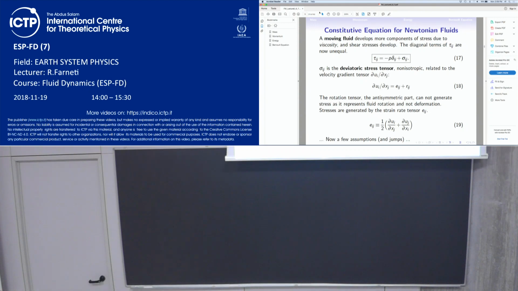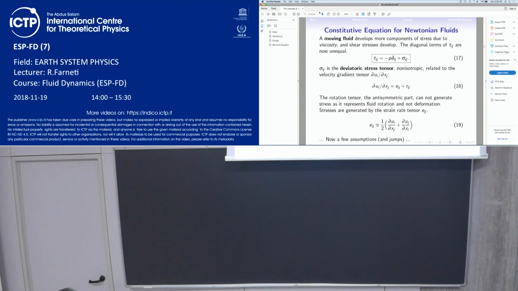In a moving fluid, you have shear stresses, and there must be a dependence on the viscosity. We looked at this in the very first lecture. Those are the diagonal terms of the stress tensor tau, and we call it sigma. That's the tensor for the dynamical part of the stress tensor, what we call the deviatoric stress tensor.